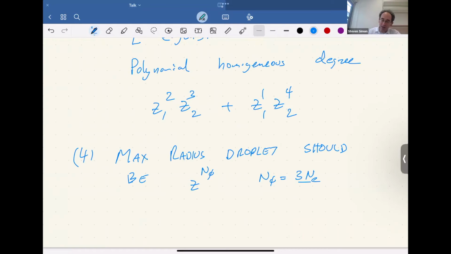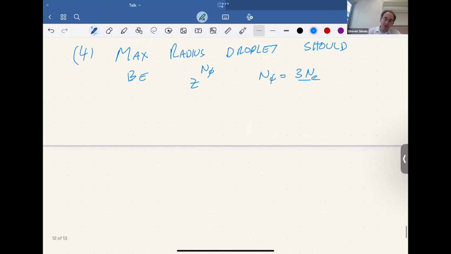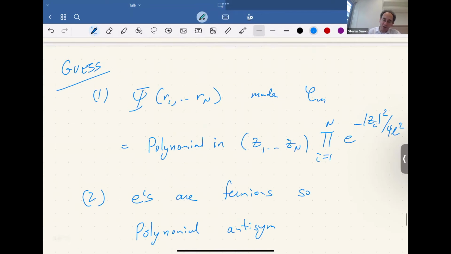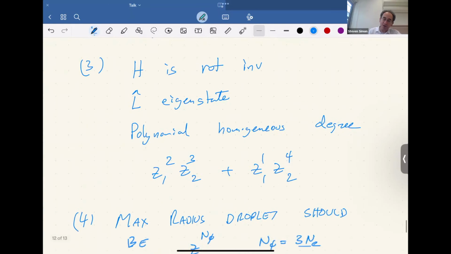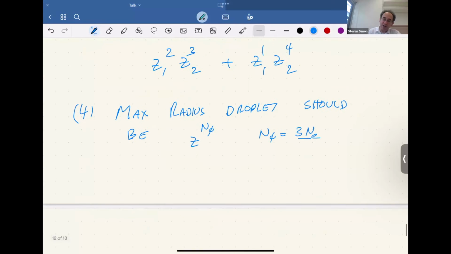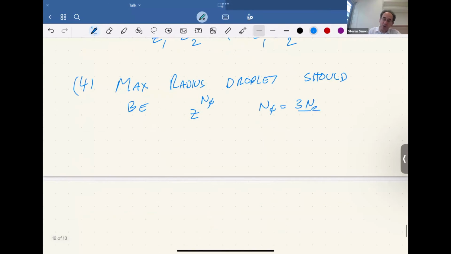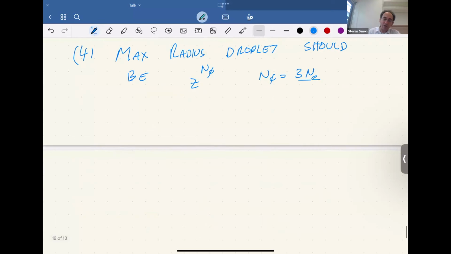So this tells me how high a degree my wave function should be. Okay, so I have 4 principles. It's a polynomial in z's. It's an antisymmetric polynomial. It's a homogeneous degree, and I know what the total highest power should be.